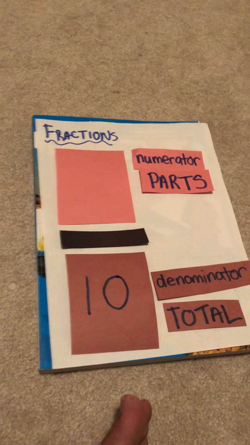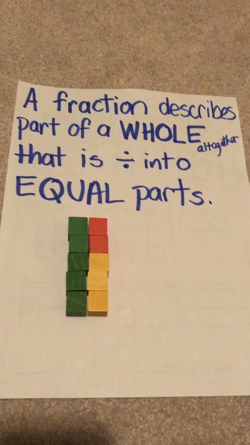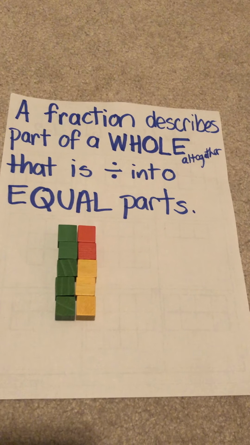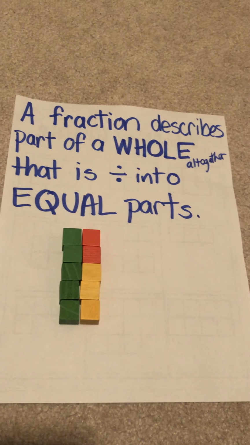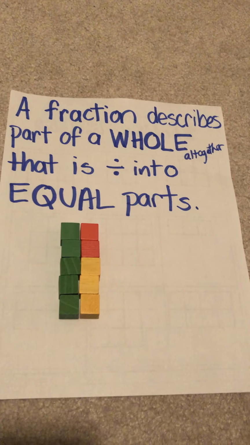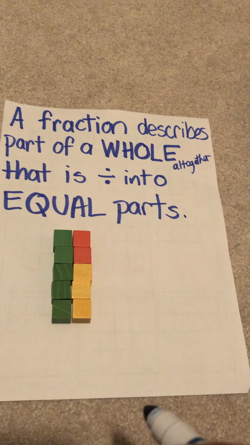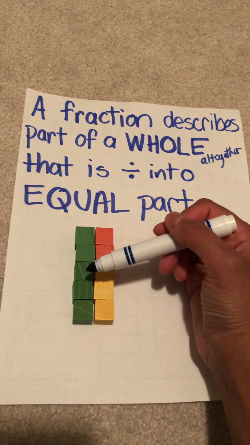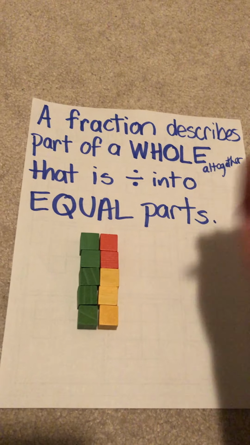Now we're gonna look at parts. So we can make a couple of different fractions from this shape. I can ask you, okay, what fraction of this shape is green? Well, we count how many green parts we have. 1, 2, 3, 4, 5.